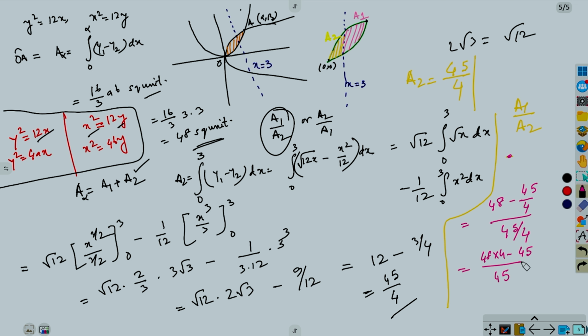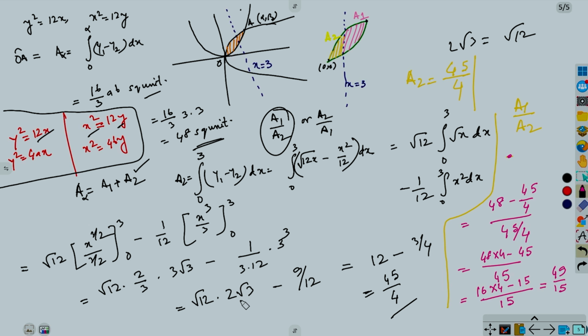Now observe that I think we can simplify this a bit more, because we can take 3 common from the numerator, right? So we obtain 16 times 4 minus 15, because we take 3 common, and this is basically 64 minus 15. 64 minus 15 is 49 by 15.